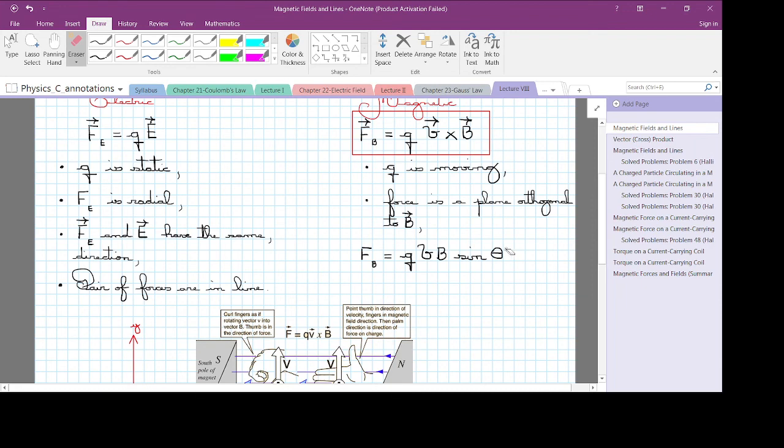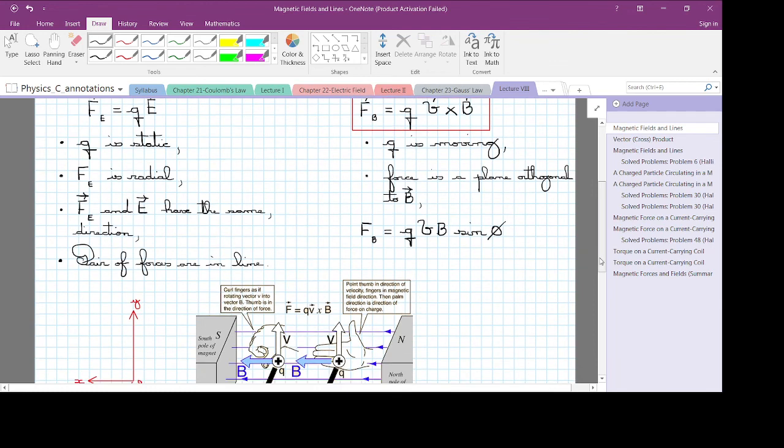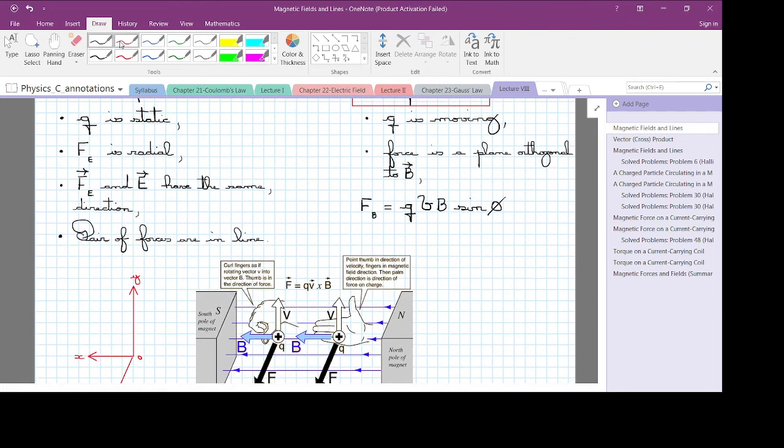In the textbook this is phi, so I'm going to put phi, meaning the angle between the velocity and the magnetic field. This is the expression that we learn in high school.